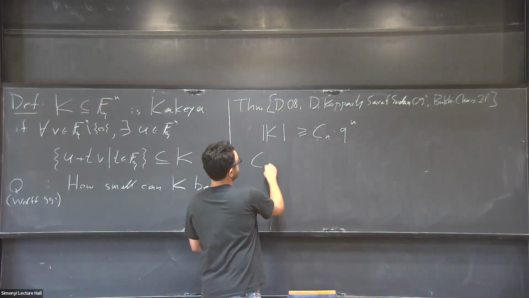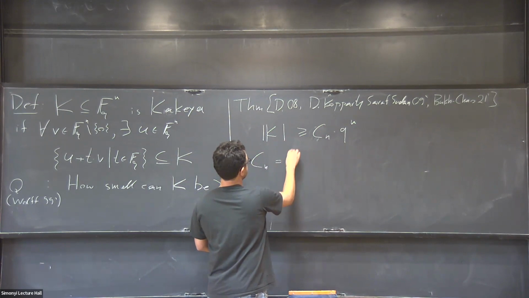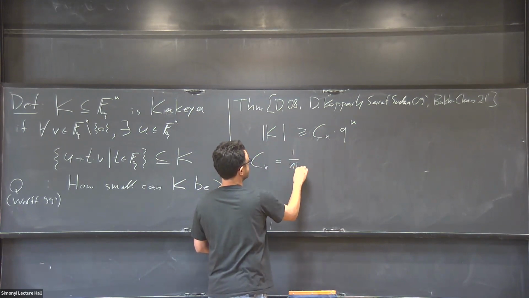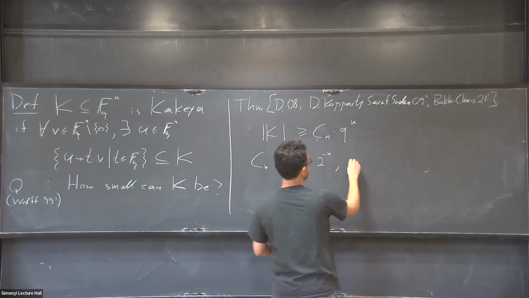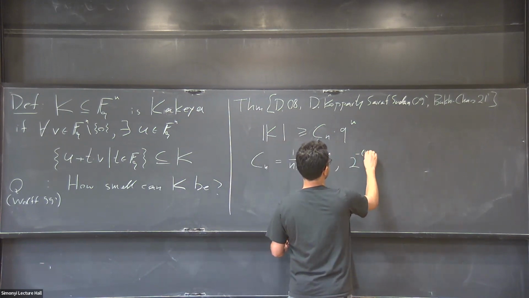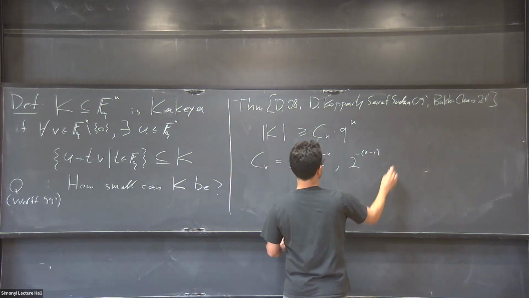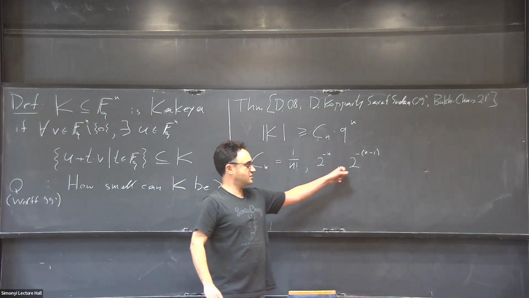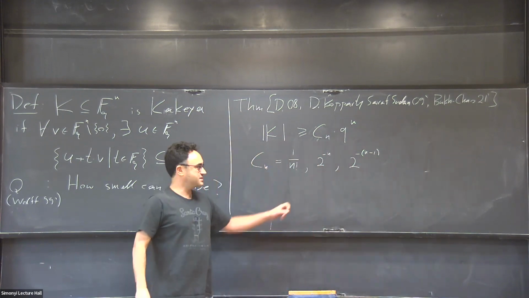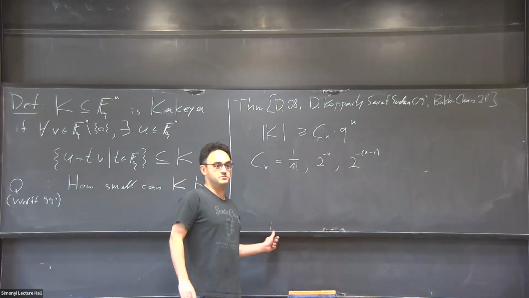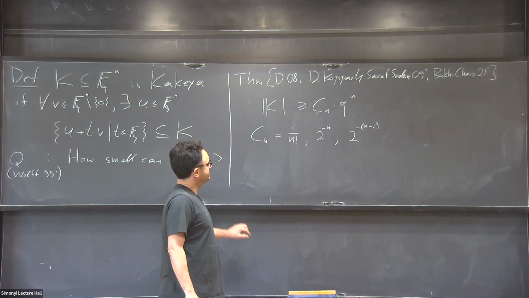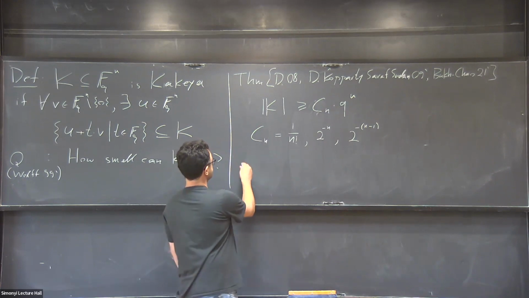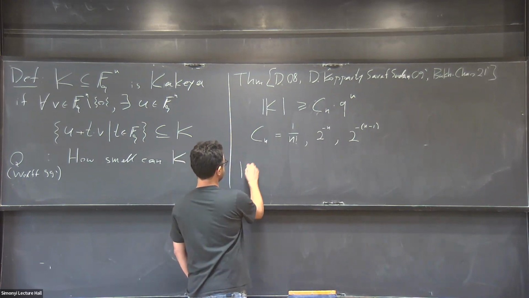The constant c_n in these three papers was initially n factorial, then 2^(-n), and then finally the tight constant turns out to be one half. It took a long time for this half, but this is the best constant. So let me show you the construction. And the construction is the following.